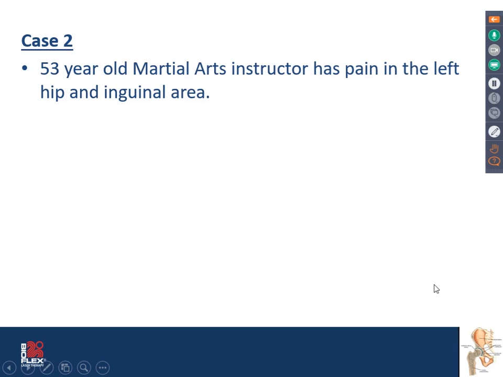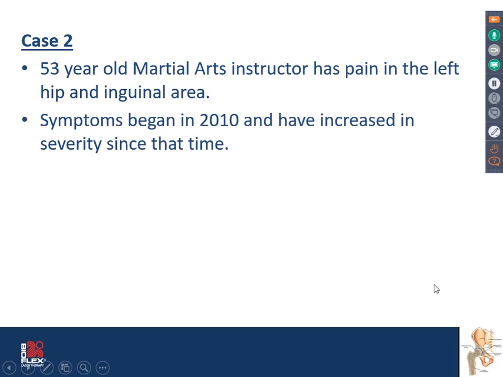Case 2, a 53-year-old female martial arts instructor. She's having pain in her left hip and inguinal region. Note that region. Her symptoms began in 2010 insidiously, but you have to remember that as a martial arts instructor, she was doing a lot of different movements and trauma in a certain way to her hip.